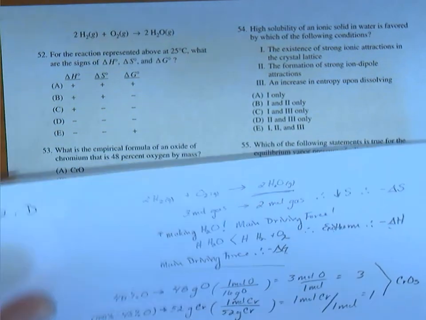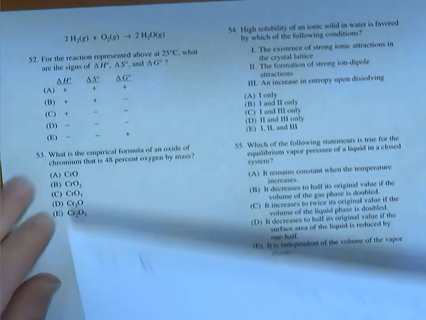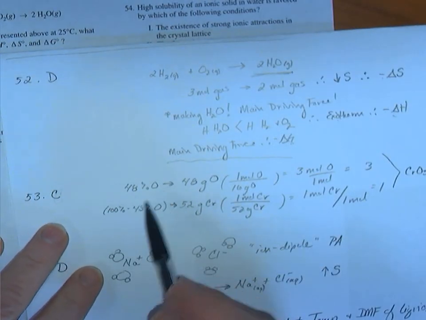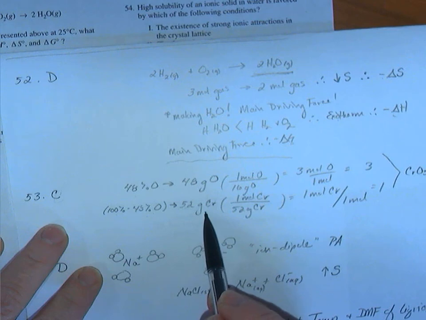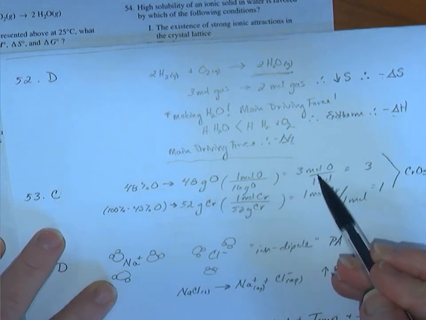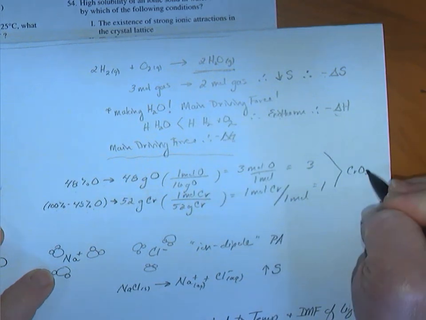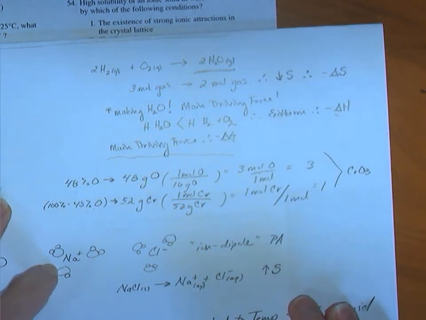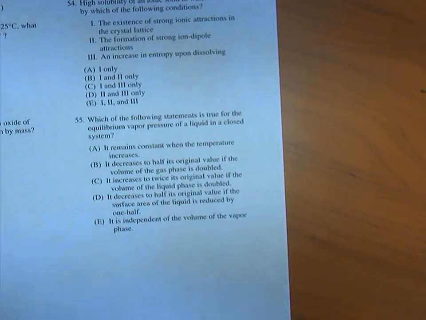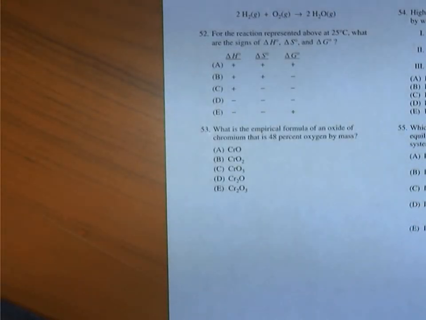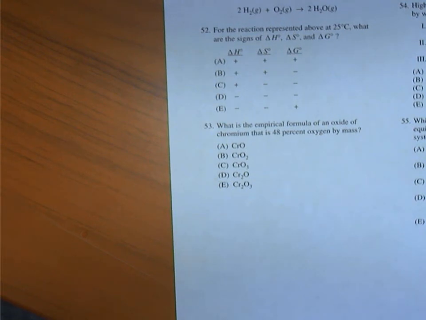53, it is another empirical formula, but with elements. So if 48% is oxygen, we would assume the rest from 100 is chromium. Getting moles, then dividing by your smallest amount, we get CrO3, which is the correct choice of C. All right, ionic compounds. So what helps them be so soluble? Two things.